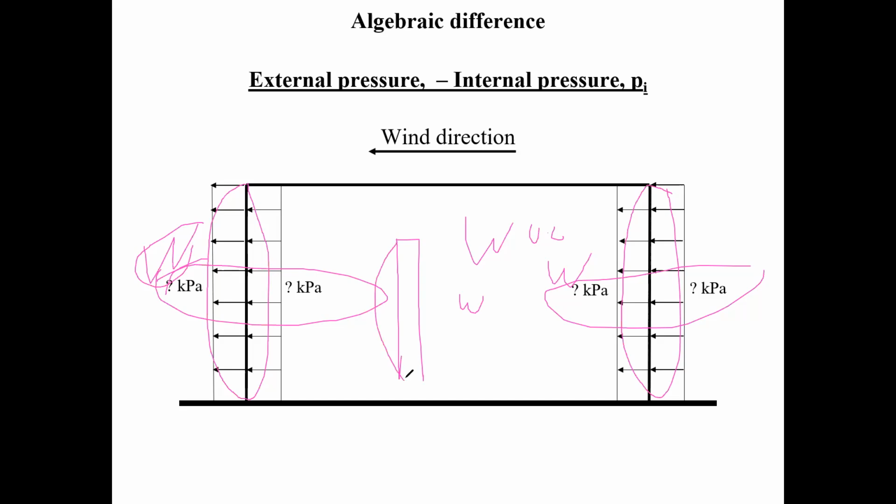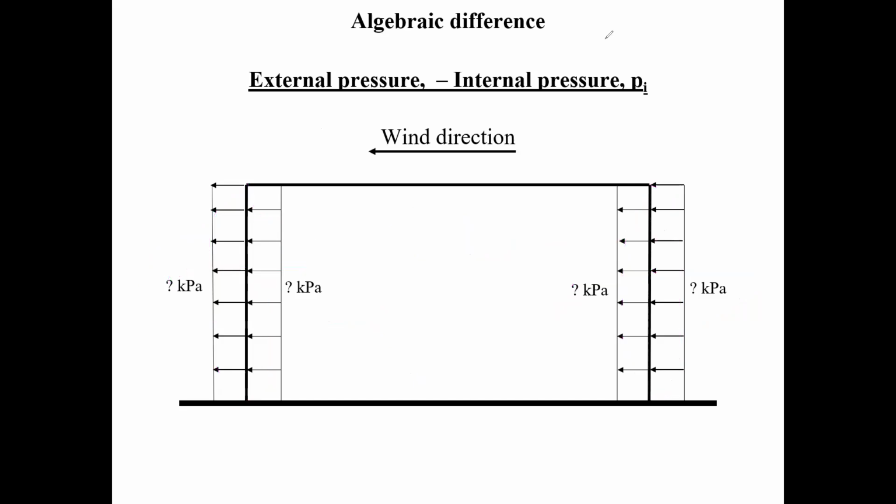That's what it's telling me. What happens when the wind's blowing this way? Shouldn't the stud on this wall be the same strength as on that wall? Because then the forces are just going to be reversed.